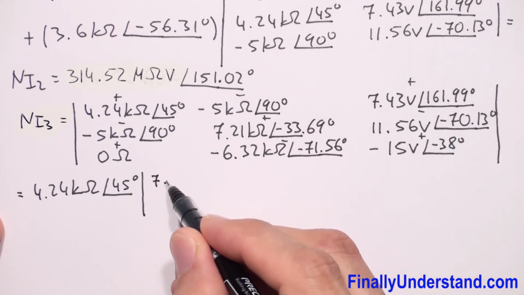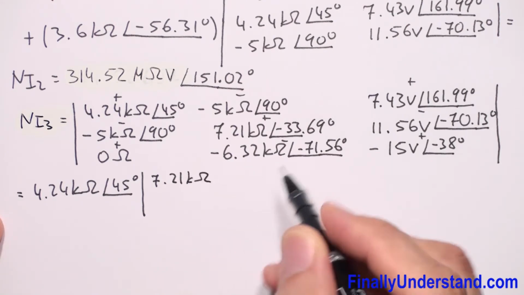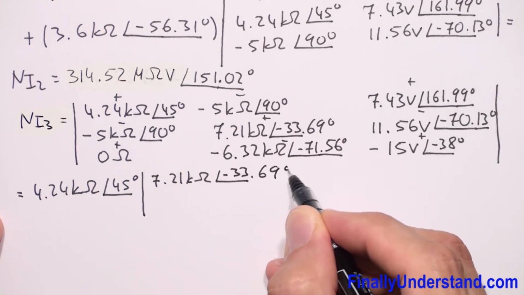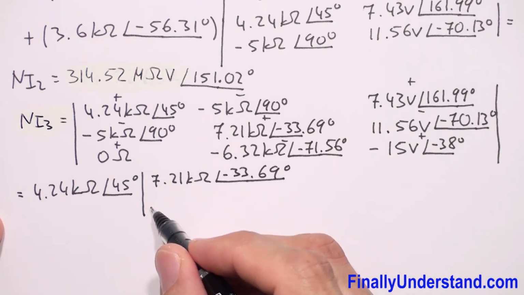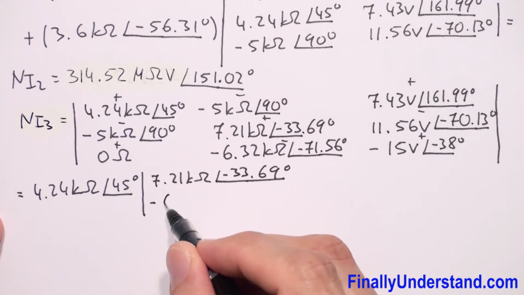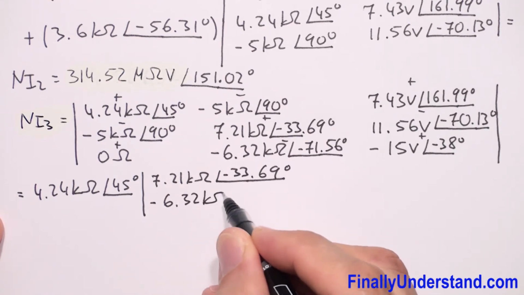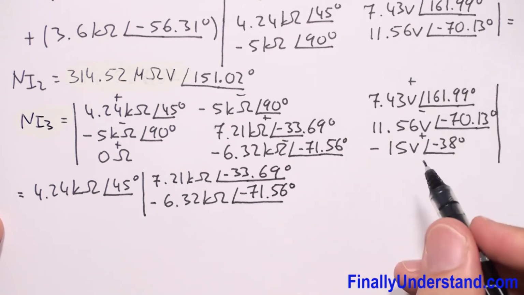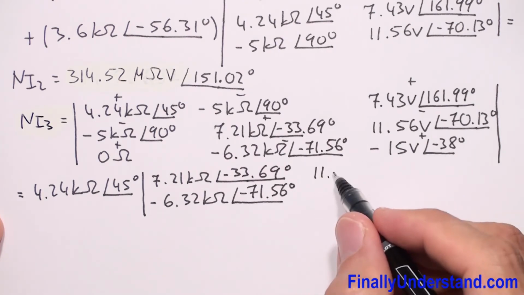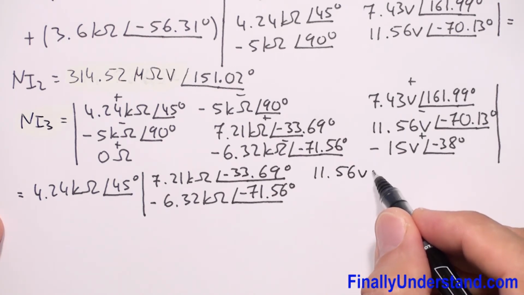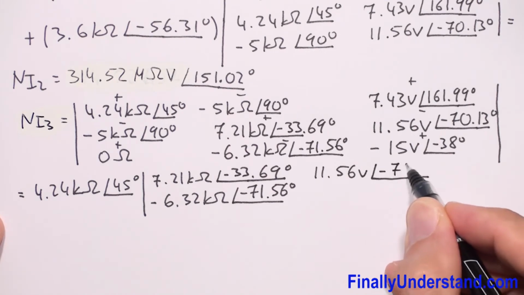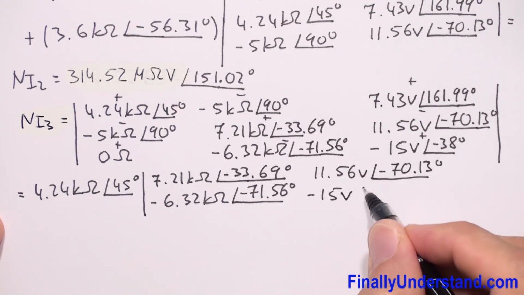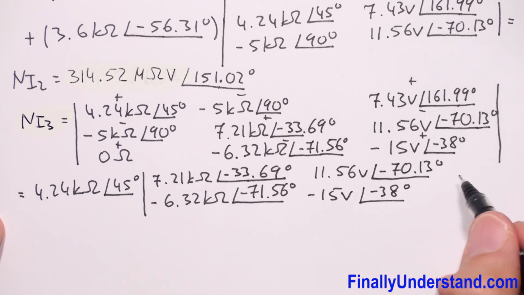So I have 7.21 kilo ohms and angle of negative 33.69 degrees, and I have minus 6.32 kilo ohms and angle of negative 71.56 degrees, and I have 11.56 volts and angle of minus 70.13 degrees, and I have negative 15 volts and angle of negative 38 degrees.